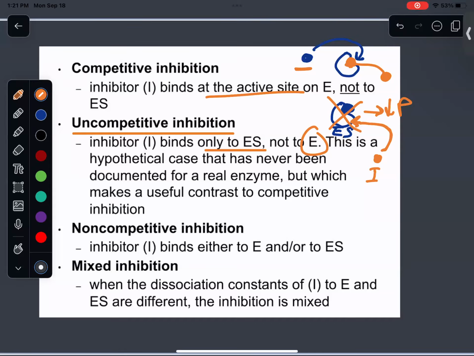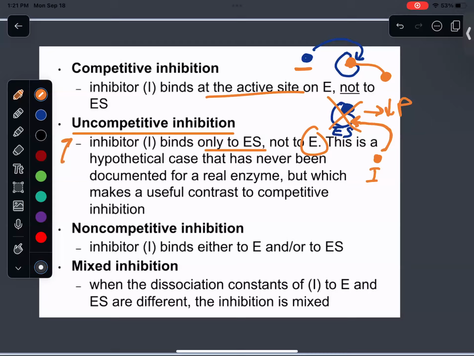Medical school will mention it, and as you all know, this is a pre-medical focused biochemistry course, which is why we get so deep into the weeds and into pathologies and whatnot. So you're not going to really see that in real life, but it gives you a nice little contrast to competitive inhibition.